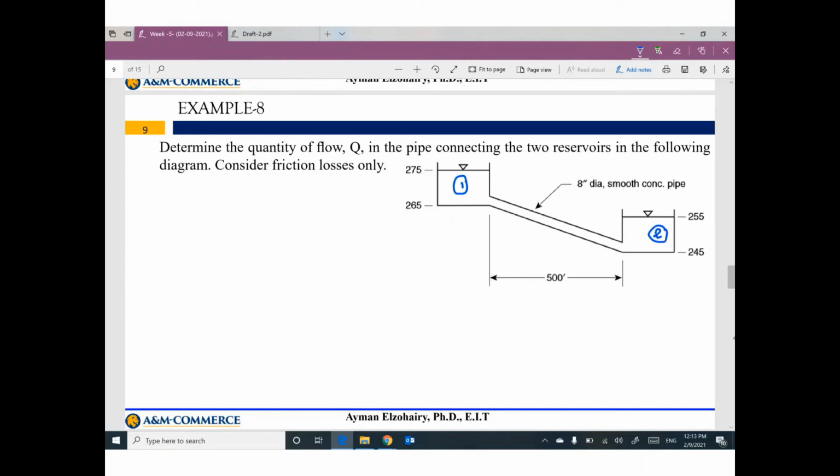And we have a pipe with diameter 8 inch connecting the two tanks. And we are looking to determine the quantity of flow in the pipe. In this pipe, what is the value of Q?